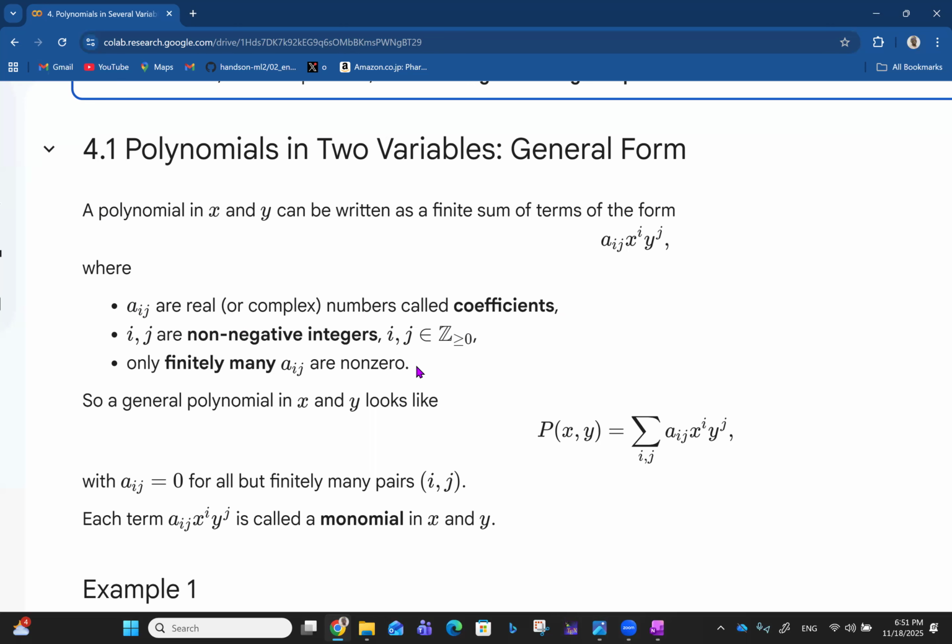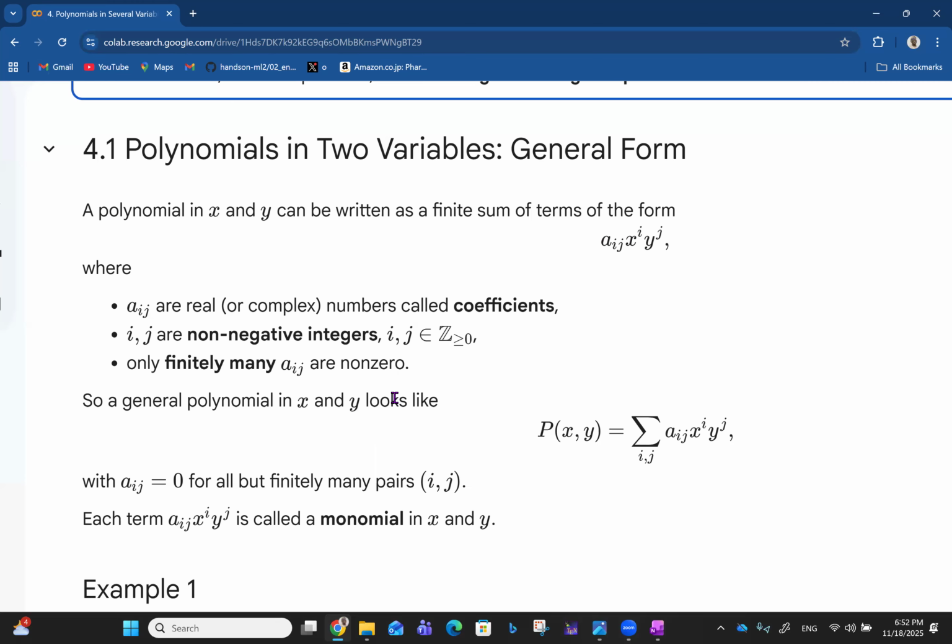If a_ij is 0, then of course that term breaks down. Or if all the coefficients are 0, then the polynomial is simply just 0, right?